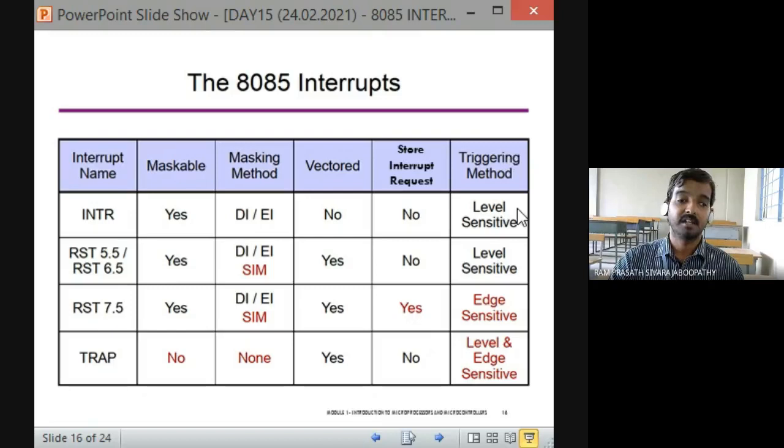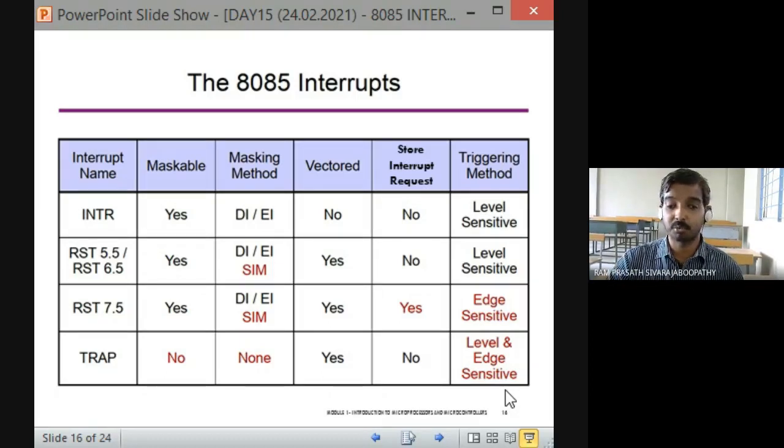Then the triggering method, when it will get sensed: level sensed for INTR, RST 5.5, 6.5 and the rest. RST 7.5 is edge sensitive and trap is both level and edge sensitive.